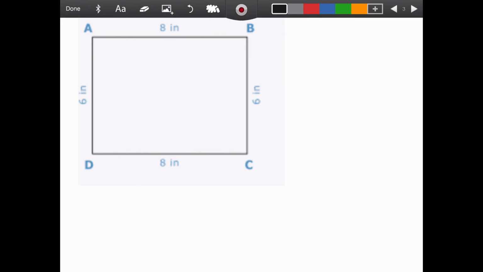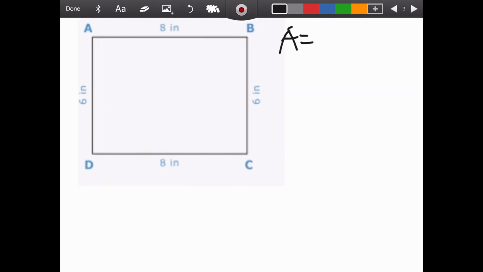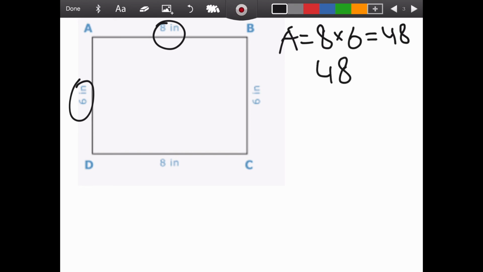So area. Area, if you remember, is going to be length times width. So, length times width, side 1 and side 2. Area is going to be 8 times 6, which is equal to 48. And it's not just 48, because first of all we have units. So we should just acknowledge that.